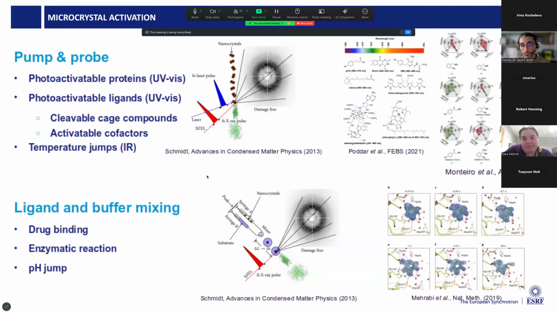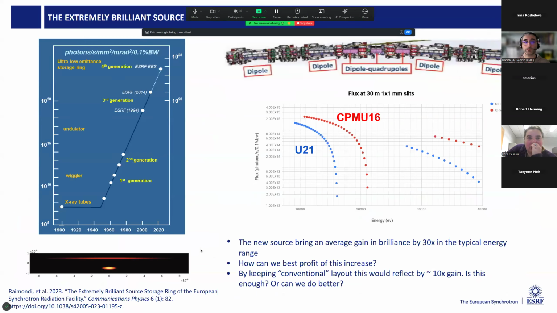On the other hand, working with microcrystals has the advantage that diffusion into microcrystals during soaking experiments is much faster because of a much more advantageous ratio between the accessible surface and the volume compared with large crystals. So this ligand mixing approach is a good strategy for exploring drug binding, but also, directly in crystals, enzymatic reactions and pH changes.